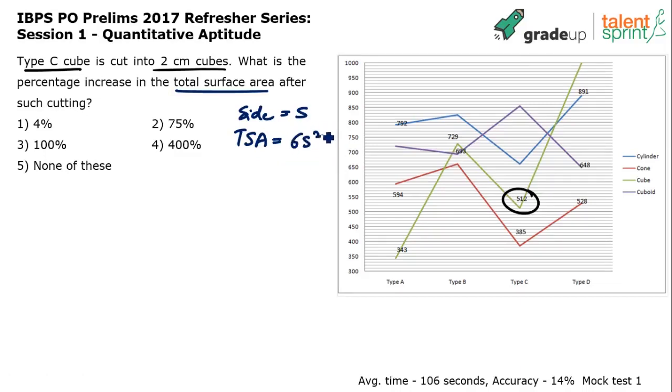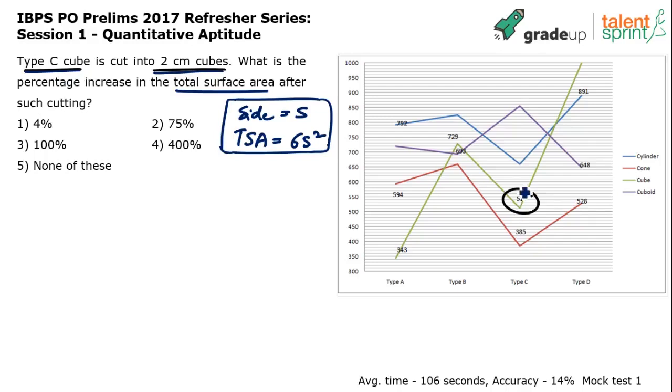The area of a square is side square, so S square. And because there are 6 surfaces, we multiply it by 6 to get the total surface area, right? Each surface's area is S square. Total surface area will be 6S square. So this is what we need to know for you to be able to solve this one. If you do not know what a cube is or what the total surface area is, don't even try this question. Just skip and move to the next one.